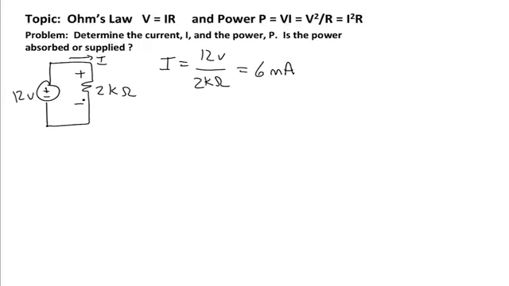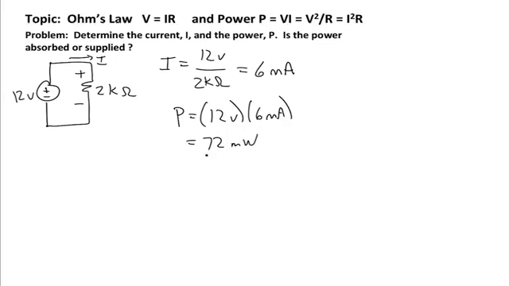And so the power is going to be, in this case, the voltage across the 2 kilo ohm resistor, which is 12 volts, times the current, and the current is 6 milliamps. So ultimately we end up with 72 milliwatts of power, and it's a positive power.